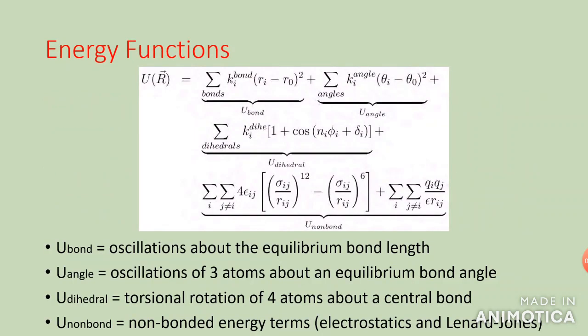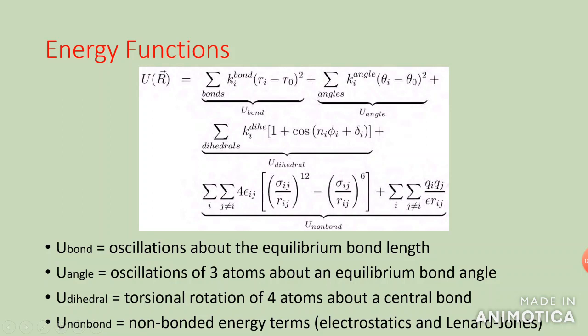Now we have an energy function in the form of a potential energy, and it is given by U(r). The first term represents the stretching of the bond and it is a bonded term, and the second term represents the bond angle, and this term represents the dihedral angle, and the remaining two terms are non-bonded terms.